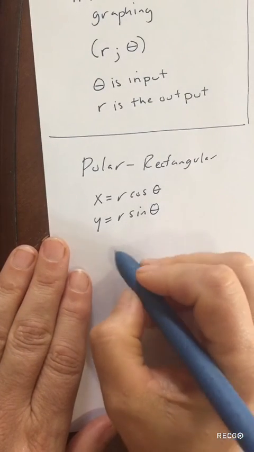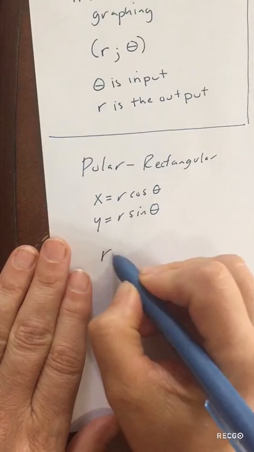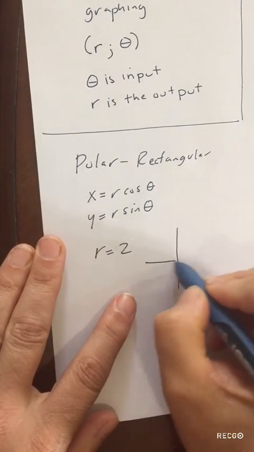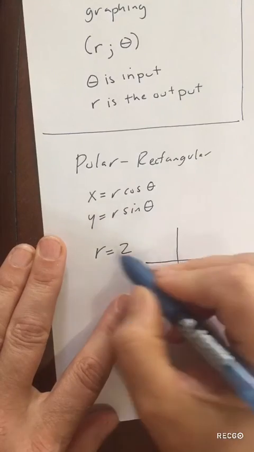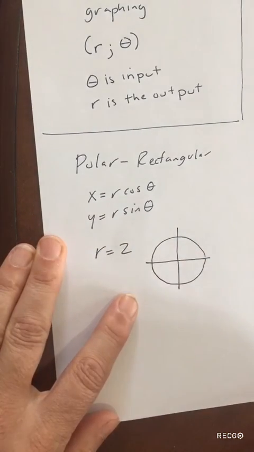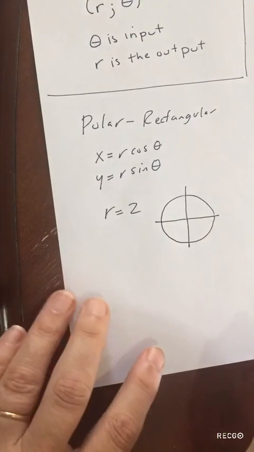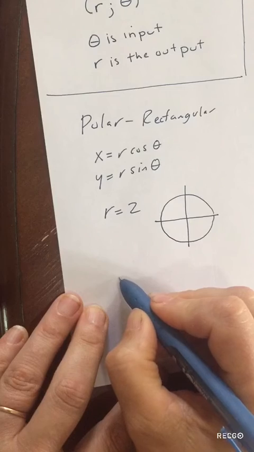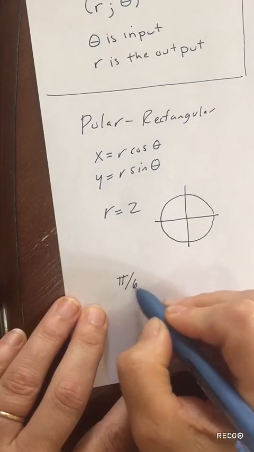It turns out some graphs are really easy to draw in polar coordinates. Let me give you two examples of easy things to draw. If I want to draw a circle of radius 2, all I have to do is let r equal 2. And my circle is drawn. So really easy to draw circles in polar coordinates. The other thing that's easy to draw is lines at a slant.